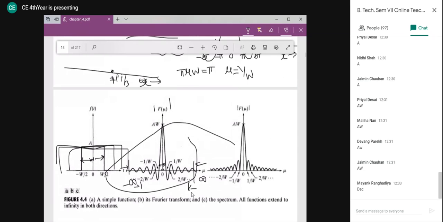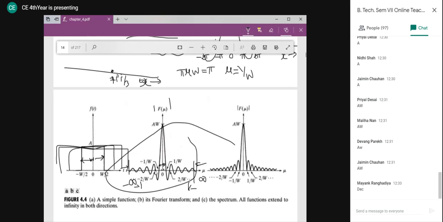So possibly I will be able to handle them, since instead of infinite values they may have large but handleable values. That is our observation: if I widen the pulse here, my frequency domain gets narrowed down, and the span which was from minus infinite to plus infinite earlier may get reduced to some value.